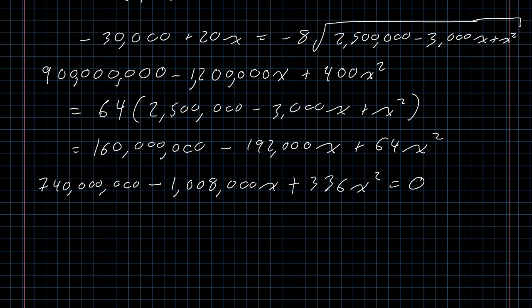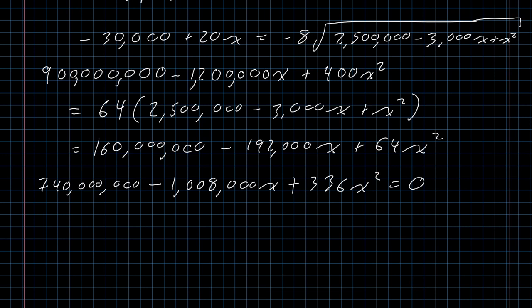At this point, I'm tempted to divide both sides of the equation by at least 4. But I think I'm just going to leave it at that, and I'll deal with it after I use the quadratic formula.